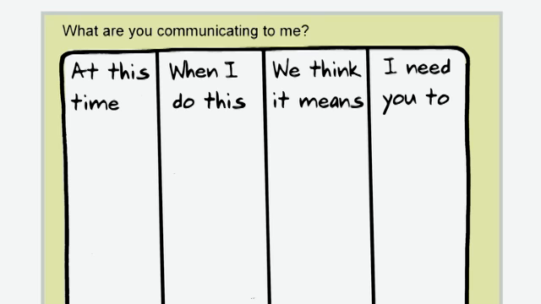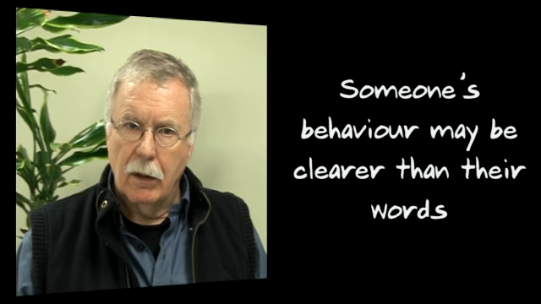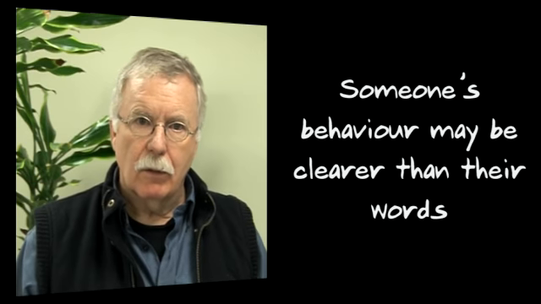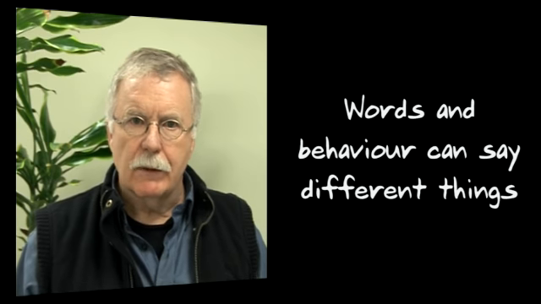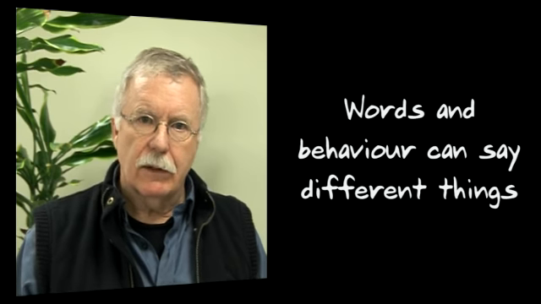And there are many people who do use words, but for whom behavior is clearer. And there are many people where their words say one thing and their behavior says another. And this is human. This is not disability, it's human. But when you have a disability and when you've lost control over significant aspects of your life, it becomes critical not only to know what the behavior communicates, but what we should do in response.